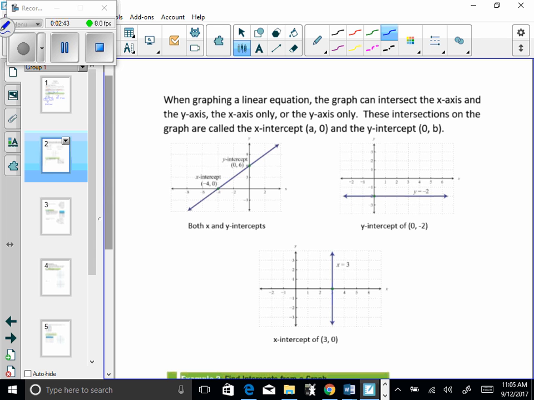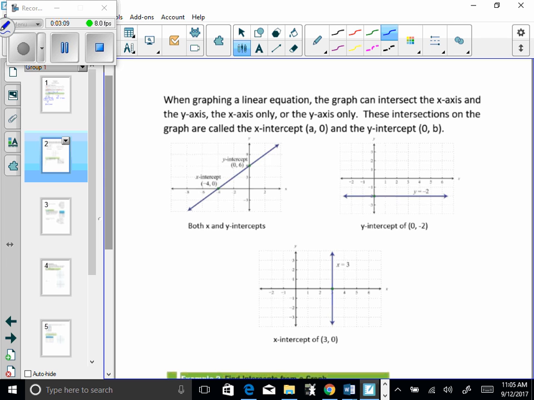We're going to look at some graphs of linear equations. It says when graphing a linear equation, the graph can intersect the x-axis and the y-axis. You can also have one where it intersects only the x-axis and only the y-axis. These intersections on the graph are called the x-intercept, which is at coordinates a, 0, so some number and 0.